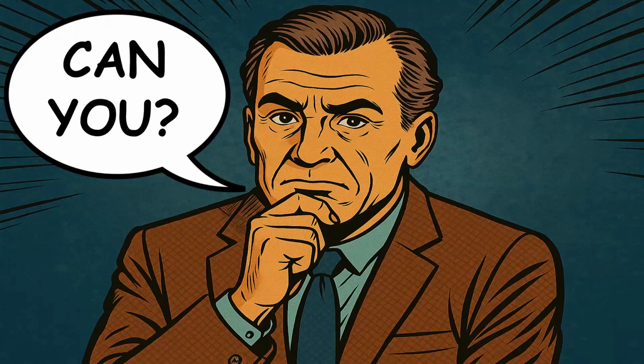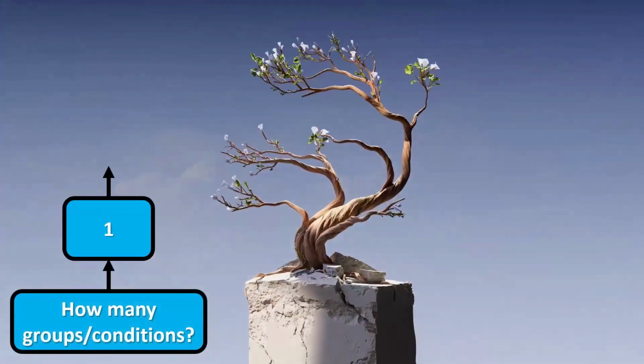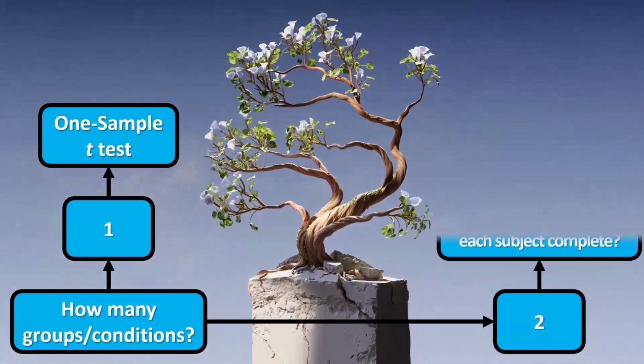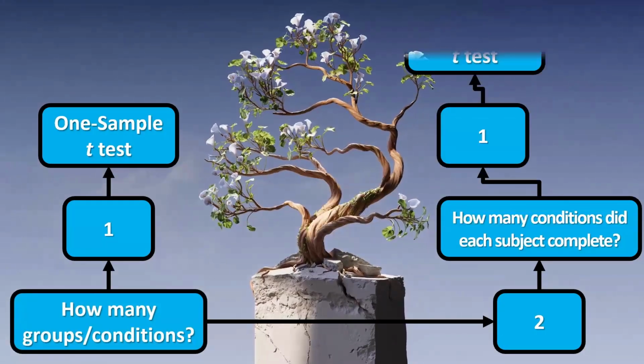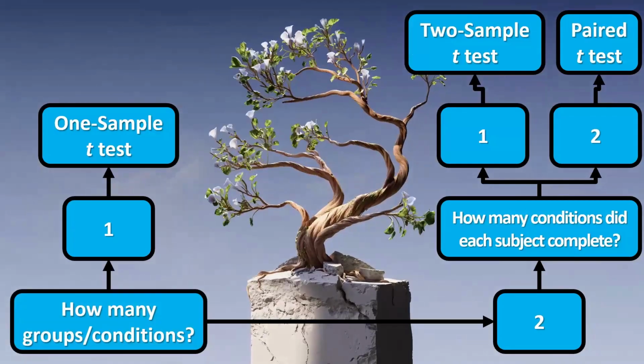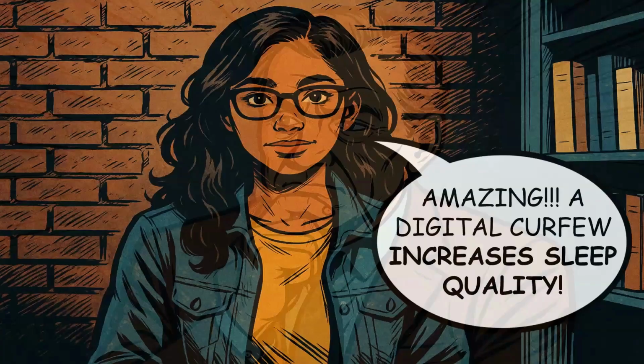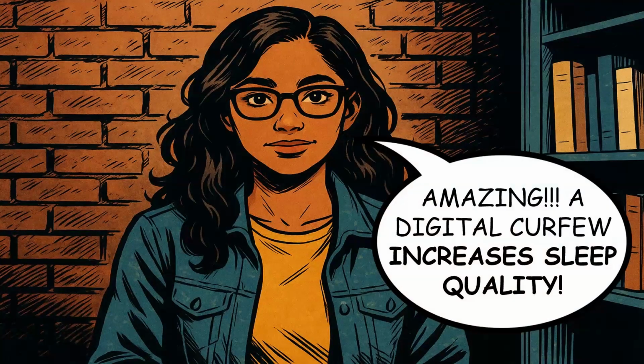But basically, you would have to go back to the design, and then go through your t-test decision tree and decide which one should be done. Because as you saw, the exact same data led to different conclusions. One analysis said, yes, a digital curfew increases sleep quality. The other analysis said, no, digital curfew does nothing for sleep quality.